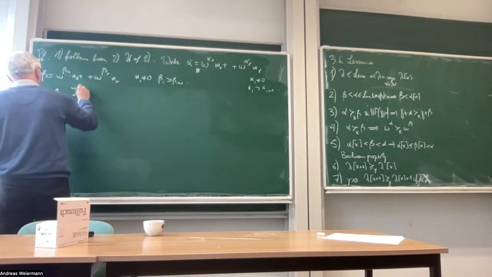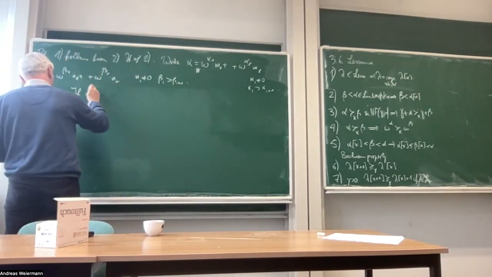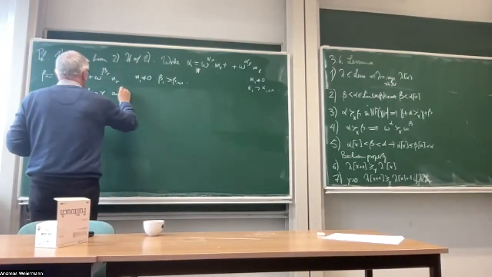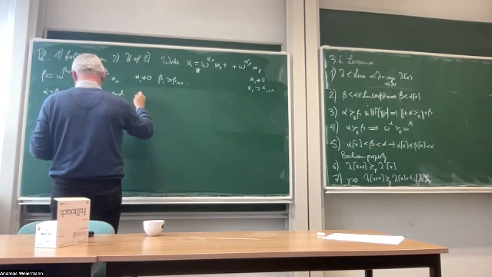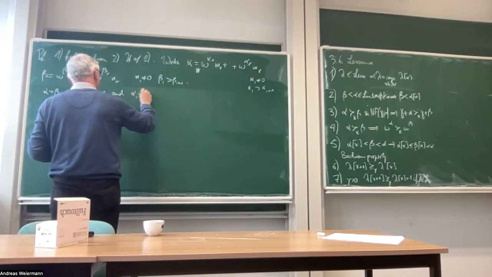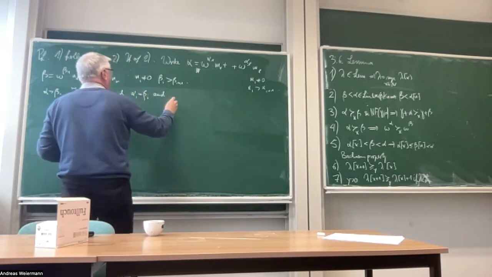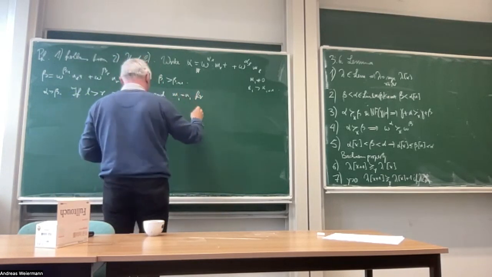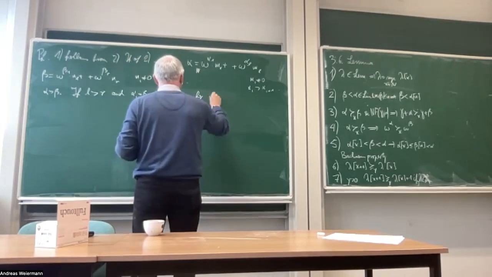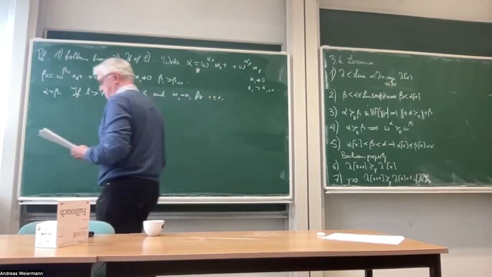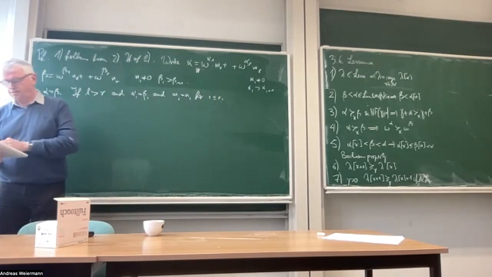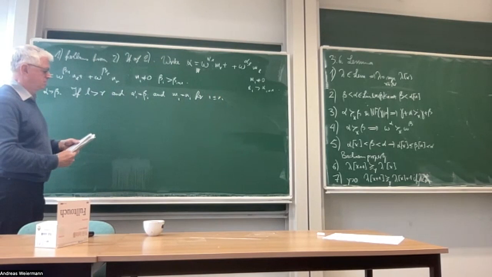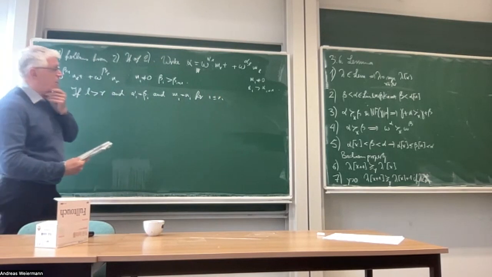So if we have the situation L is bigger than R, and alpha i equals beta i, and m i equals n i for i less than R. And what's going to happen? Okay, alpha is a limit.